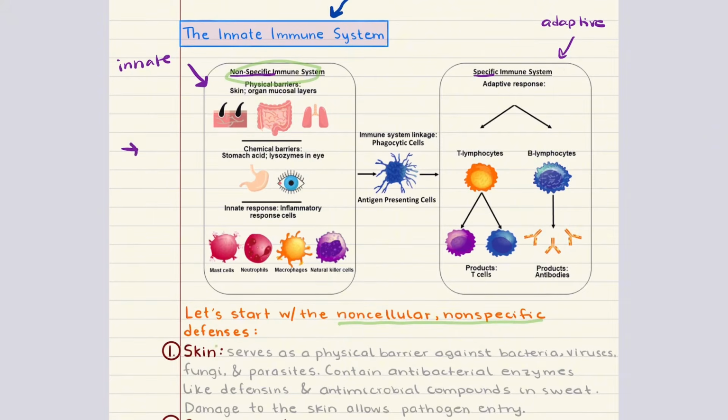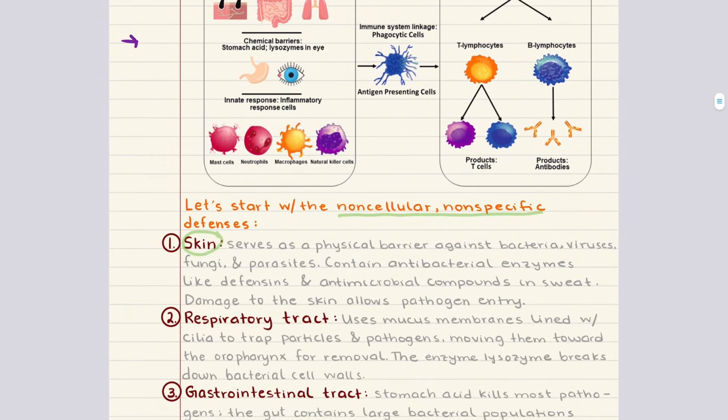Let's begin with discussing the skin, also known as the integument. The skin serves as a physical barrier against bacteria, viruses, fungi and parasites. Its outermost layer, the epidermis, forms a very tough shield that's difficult for pathogens to penetrate.